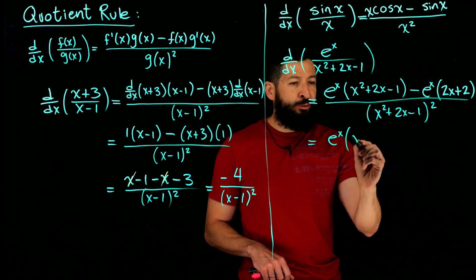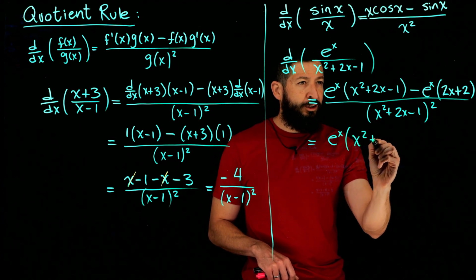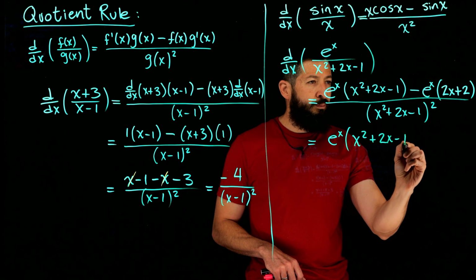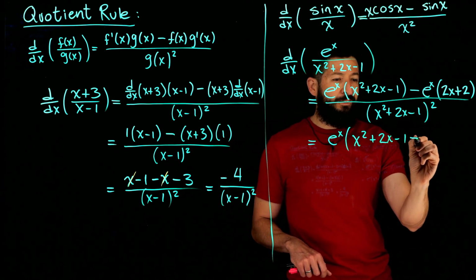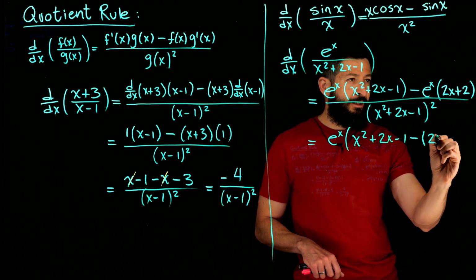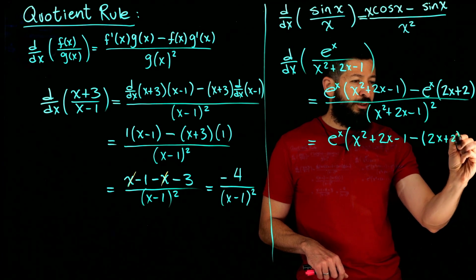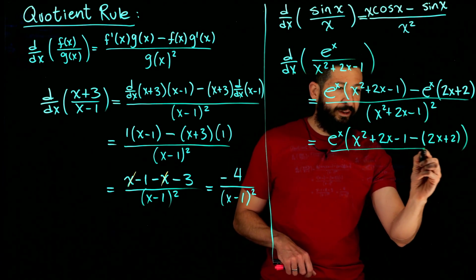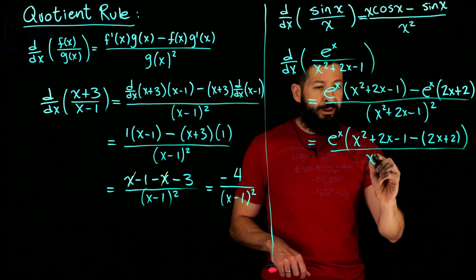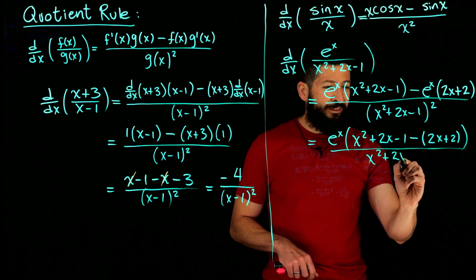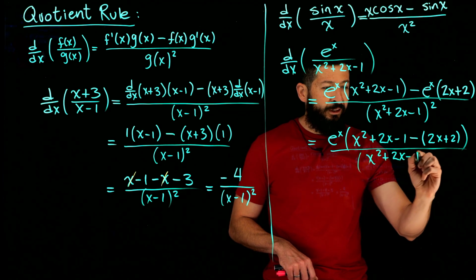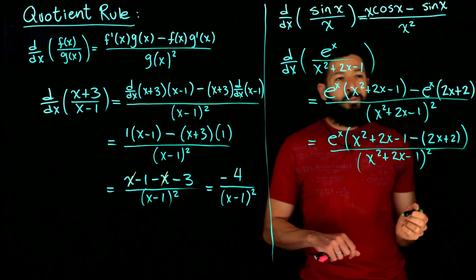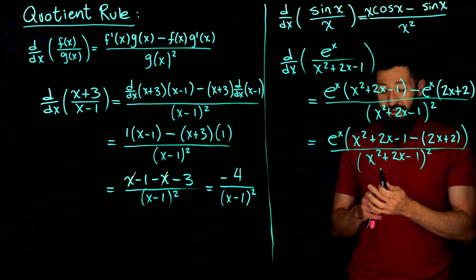And so we get x squared plus 2x minus 1, now minus, parentheses, 2x plus 2. So I just took the common factor e to the x out on both, and I get x squared plus 2x minus 1 squared.